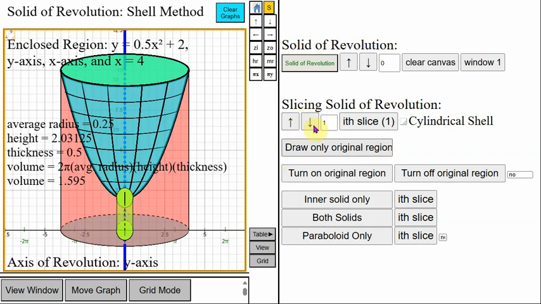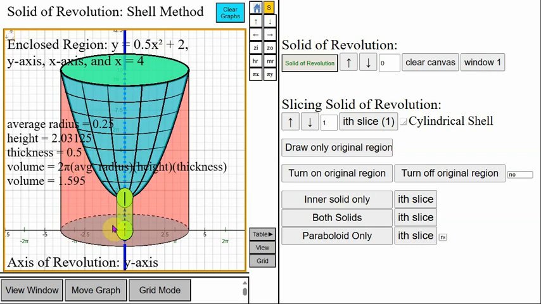This is shell number 1. The shell starts at 0 and goes to 0.5, so the average radius is 0.25. The height of the shell we get from the equation of this curve, plugging in 0.25, and we get 2.03125.